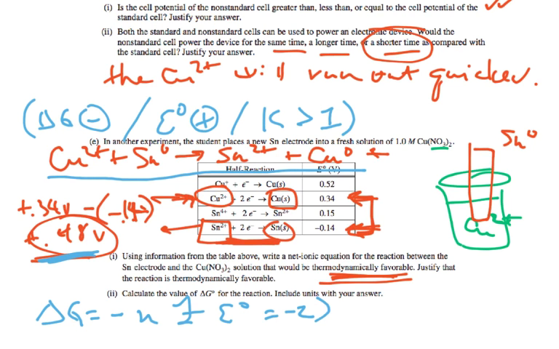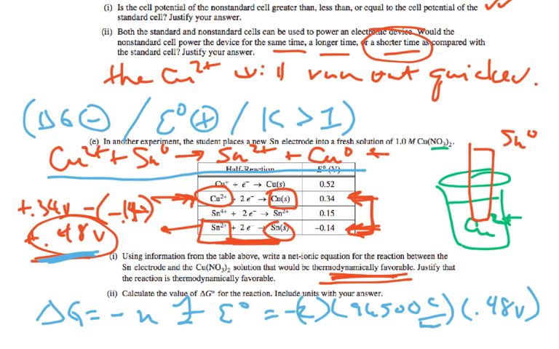There's a negative sign. And the Faraday constant, that's a constant, so that's 96,500 coulombs per mole of electrons. And then there's the E0 value, which we just figured out was 0.48 volts.